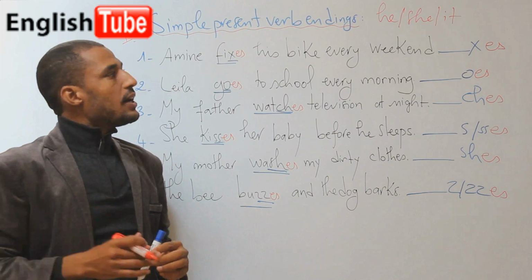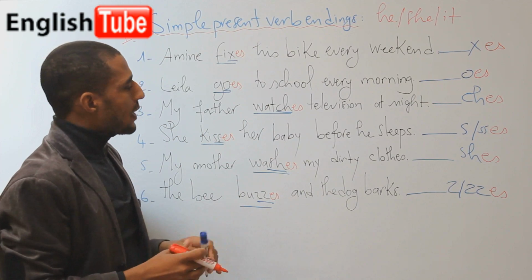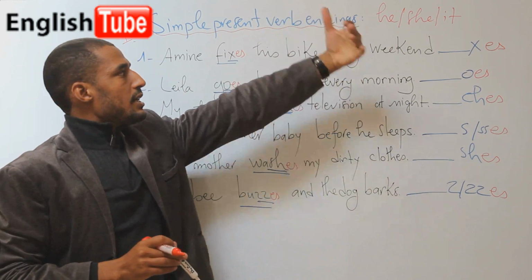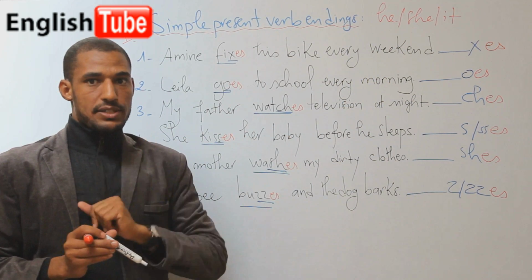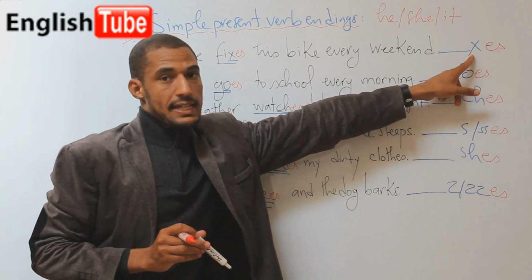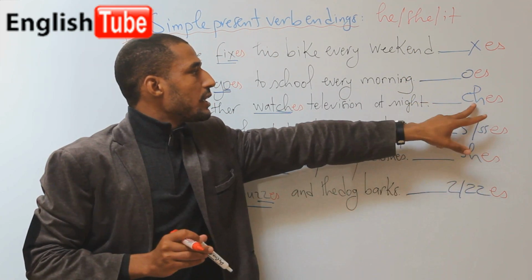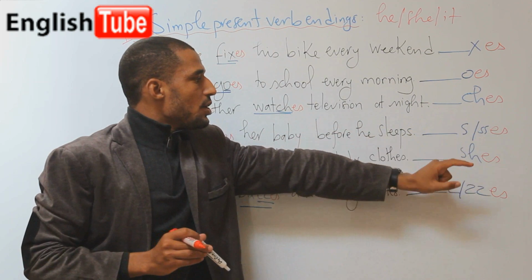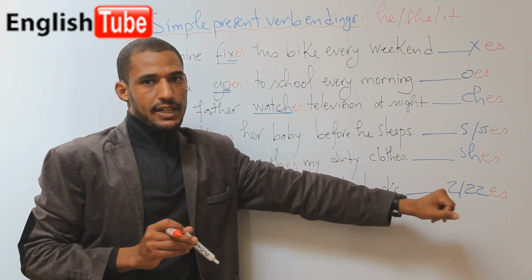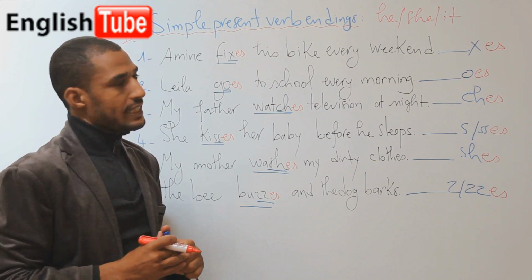That is third person singular for non-human things. Whenever you have these subjects followed by a verb in simple present, we add ES if the verb ends in X, or O, or CH, or SH, or S or SS, or Z or ZZ. In these situations, we add ES at the end of the word.